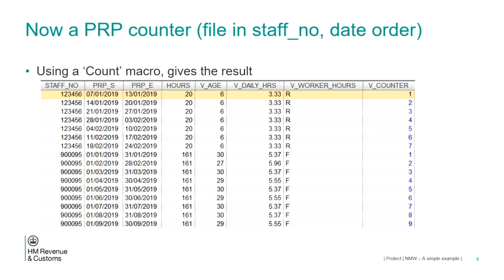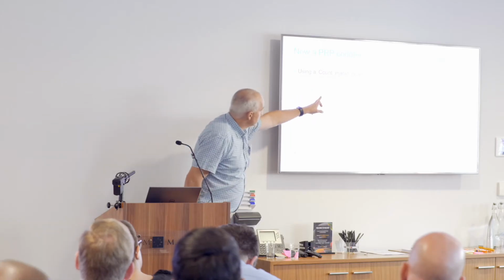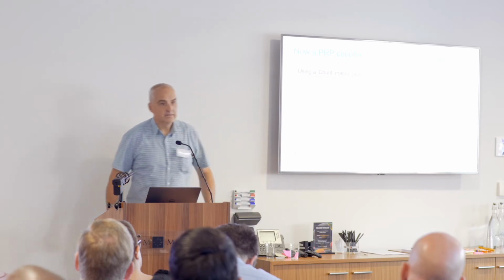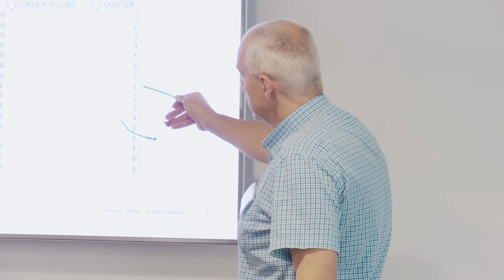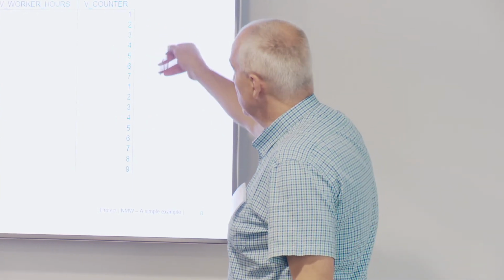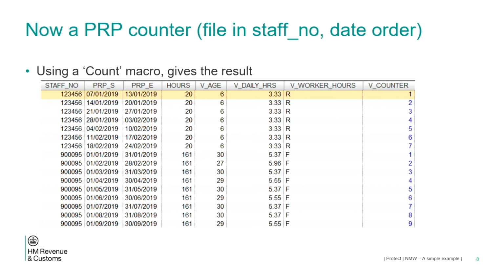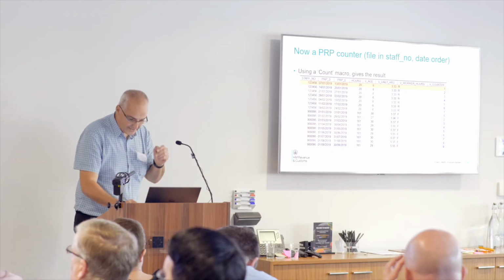And what it will do is once the file is sorted by date order, date being your PRP date, so pay reference periods, i.e. your salary or your weekly pay weeks, it then just adds a simple counter to it. See that? So we start at number 1 for the first staff number. When we hit the second staff number, we get number 1 again. Okay? Yes. Excellent.